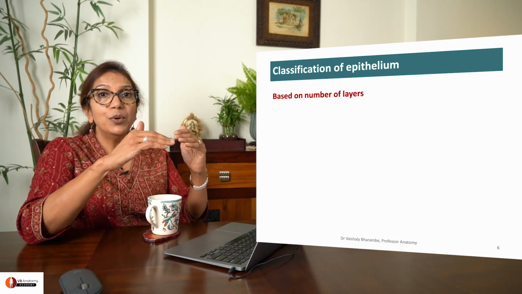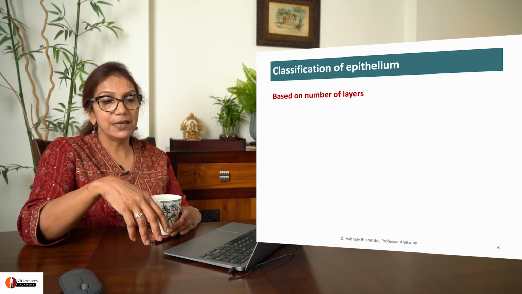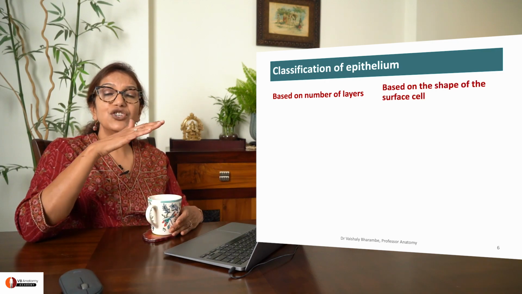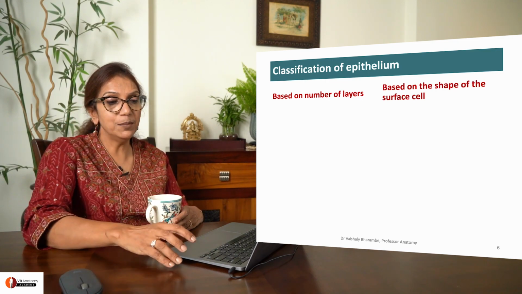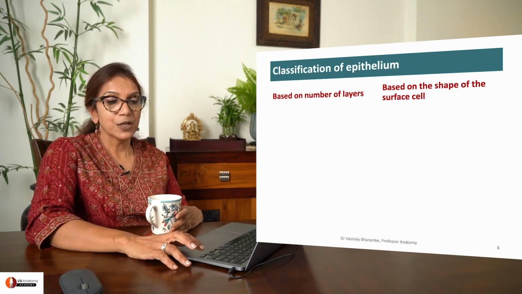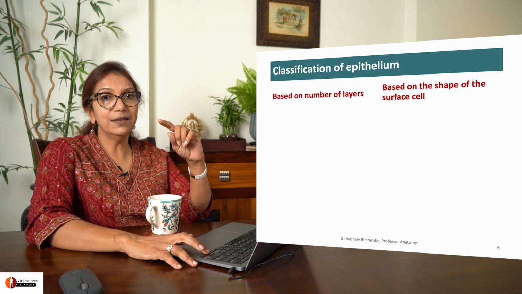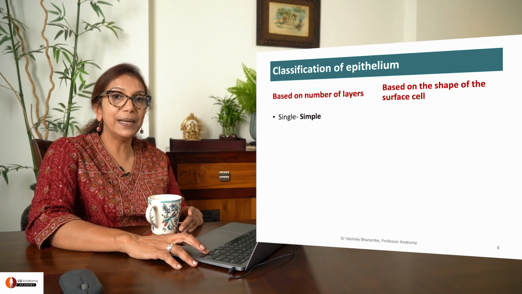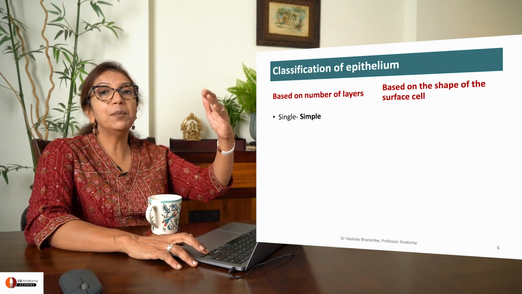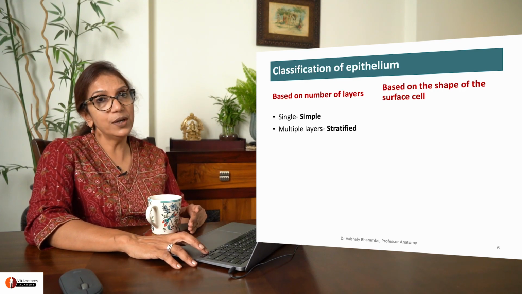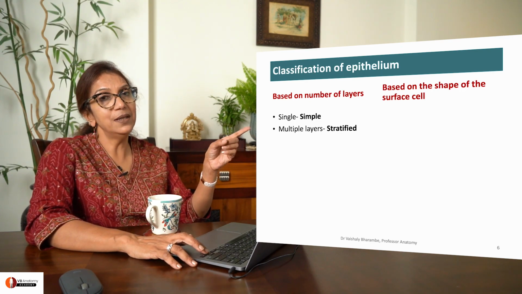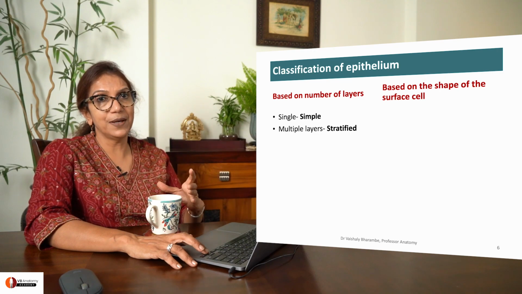Based on the number of layers of cells in an epithelium or based on the shape of the cell on the top, you can classify epithelium variably. So, if the layer is single layer of cells, you call it simple epithelium. If you have multiple layers of cells, you call it stratified epithelium. Got it? So, single layer simple, multiple layer stratified.